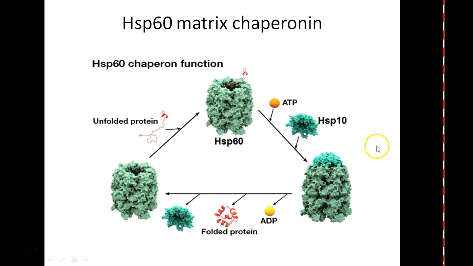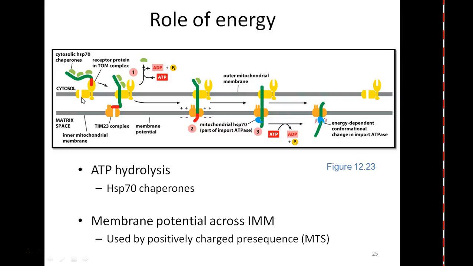So this is a very, very interesting system. And of course, the role of ATP energy in the mitochondrial import is very important. There are several steps throughout the process that use and rely on ATP energy.